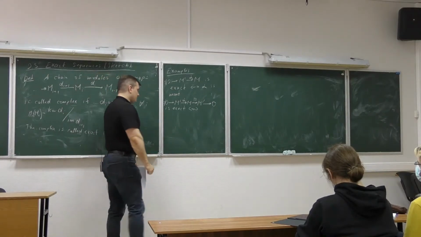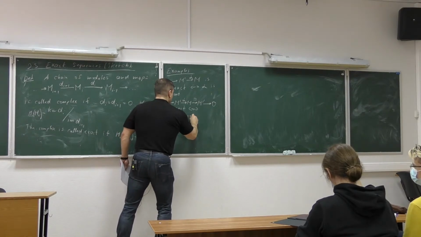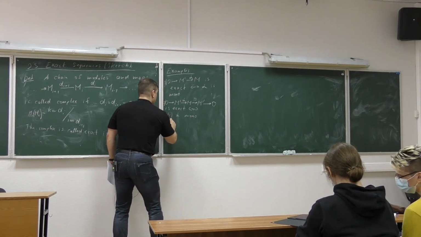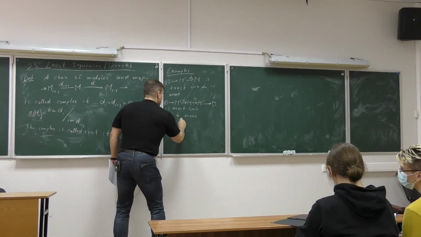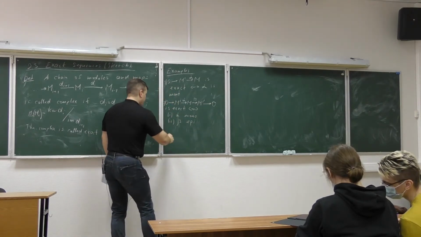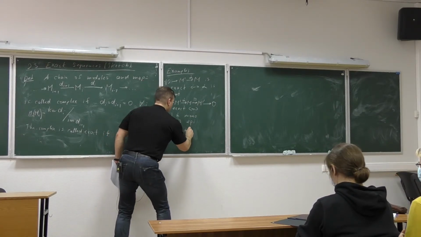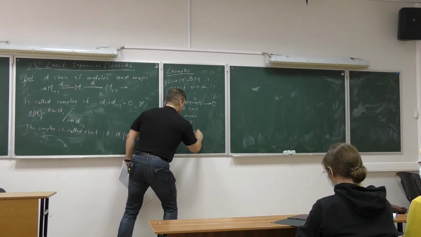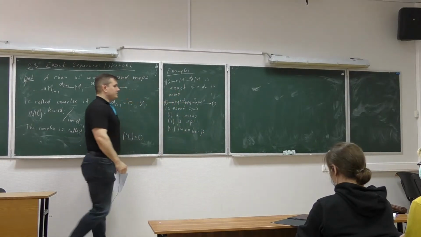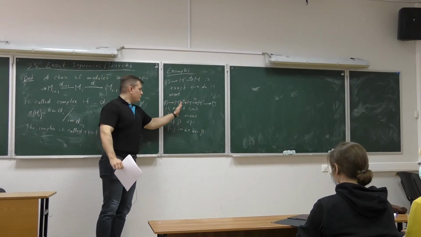So it means several things. First of all, alpha is mono. Then clearly, the second property is that beta is epi. And finally, the image of alpha is the same thing as the kernel of beta. I just checked the exactness at all 3 terms, right?